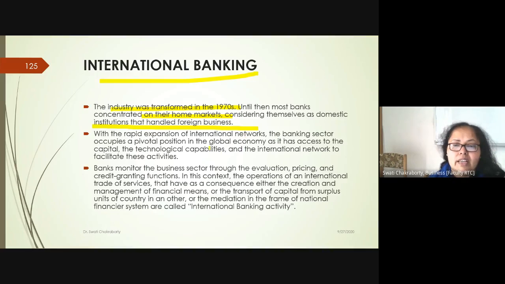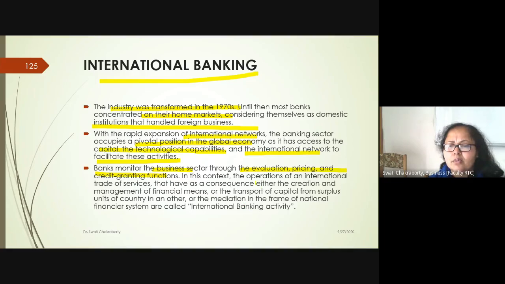But with the expansion of international networks, the banking sector today occupies a very important position in the global economy because it has access to capital, technological capabilities, and the international network to facilitate these activities. Banks today monitor the business sector through the evaluation, pricing, and credit granting functions.